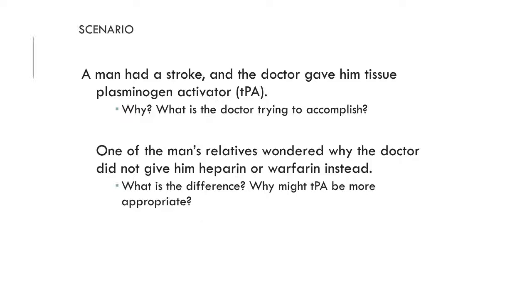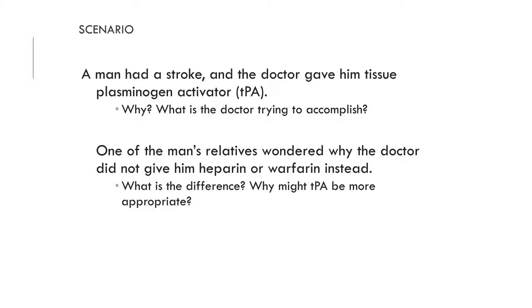So let's look at an example. A man had a stroke and the doctor gave him tissue plasminogen activator, or TPA. So why did he give it to him, and what's the doctor trying to accomplish? Well, plasminogen activator, TPA, activates plasminogen, which leads to the clot dissolving.